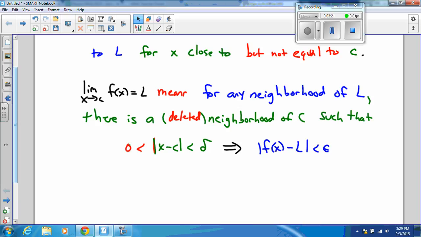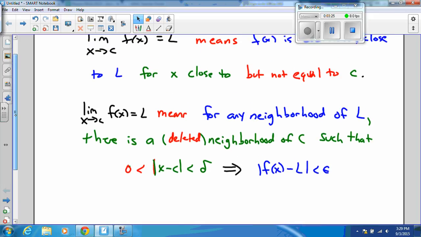Now, spend just a little bit of time on the translation so you can see how these two match. The delta and the epsilon in our intermediate definition here represent the radius or the size of that neighborhood.